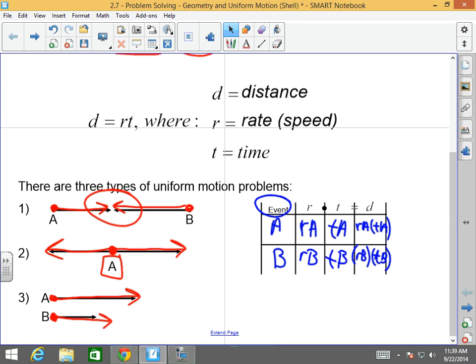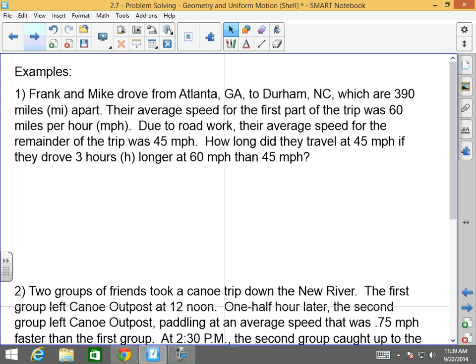Let's show you how it works, gentlemen. Okay, number one. Frank and Mike drove from Atlanta, Georgia to Durham, North Carolina, which are 390 miles apart. Their average speed for the first part of the trip, that's a key word right there, was 60 miles per hour.